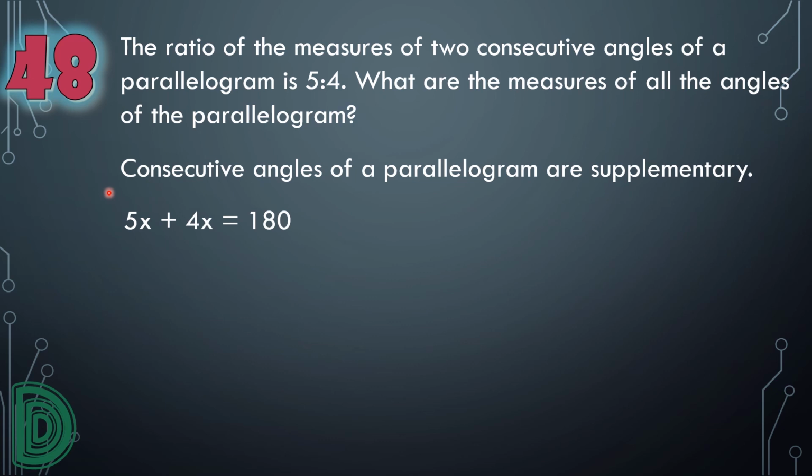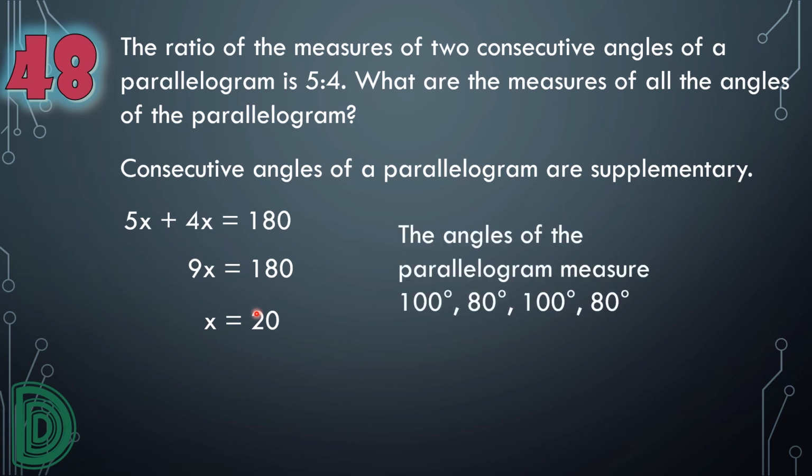Hence, if X is the scale factor, we have 5X plus 4X equals 180 degrees. 9X equals 180 degrees, then X equals 20. Therefore, the angles of the parallelogram are 5 times 20, 100, 4 times 20, 80. Also, the two other angles will be 100 and 80.